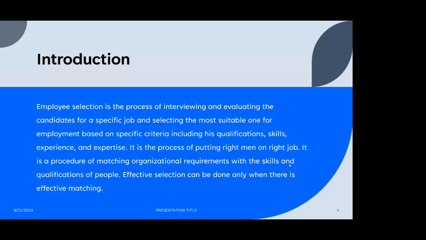This may be professional qualifications, skills that the candidates may have, some experience.